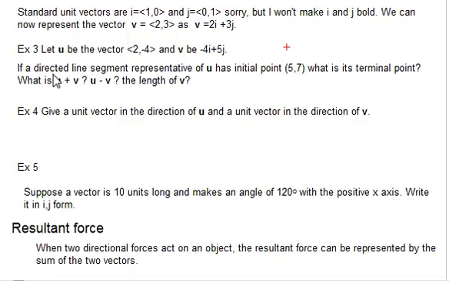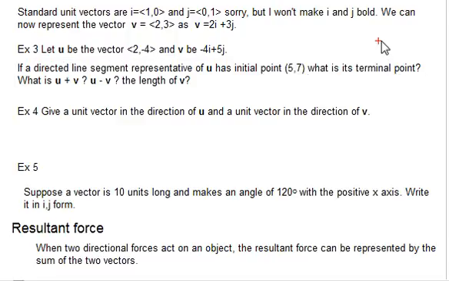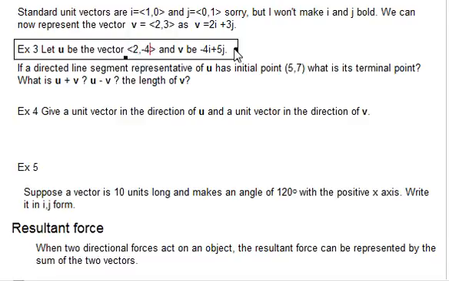So let's see. If a directed line segment representing u has initial point 5, 7, what is its terminal point? So remember, this vector is 2 units of x, negative 4 units of y.